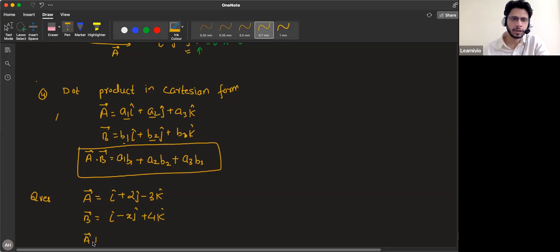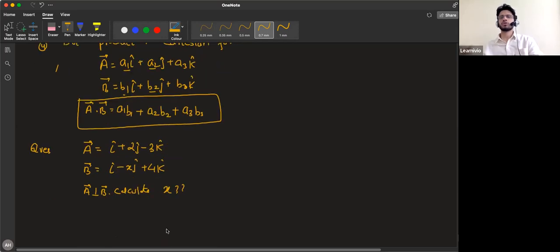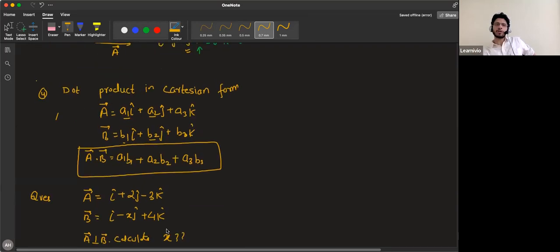It is given that A and B are perpendicular. Calculate the value of x. Solve it and write your answer in the chat room. In vector B, x is an unknown. You're supposed to calculate the value of x provided A and B are perpendicular. Do it fast.